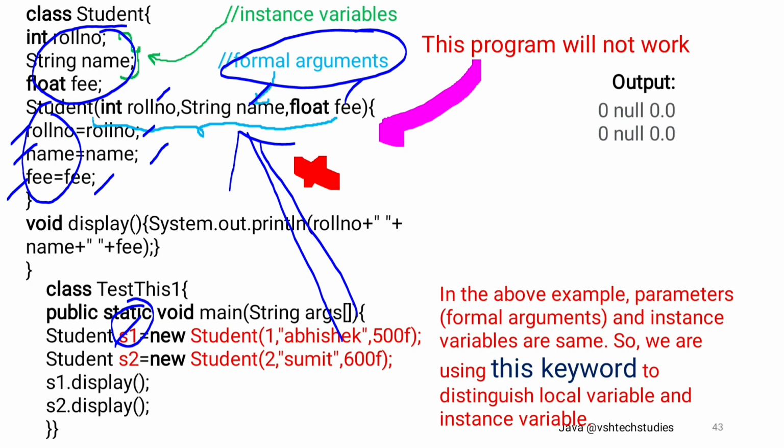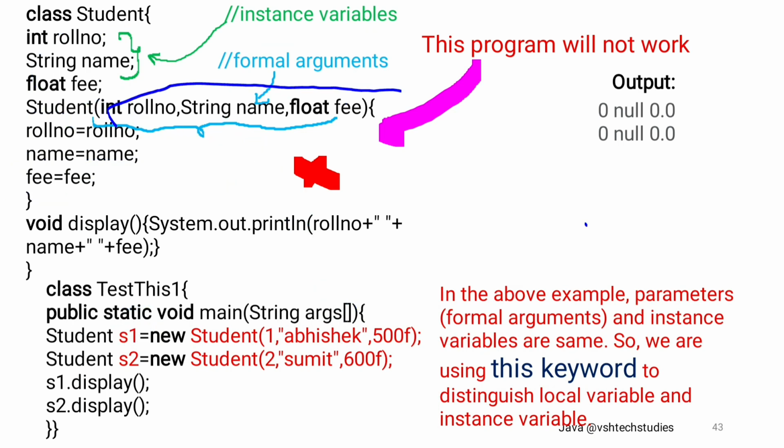And these formal parameters are coming from the main program. But both the names are the same here, so the program will fail to run. Naming conflict is there. When formal parameters and instance variables have the same name, then a name conflict will be there.